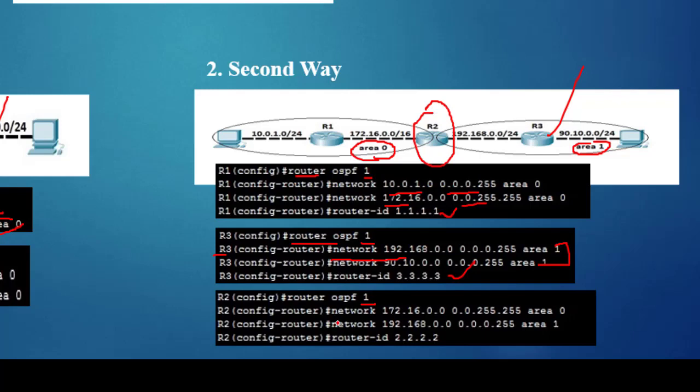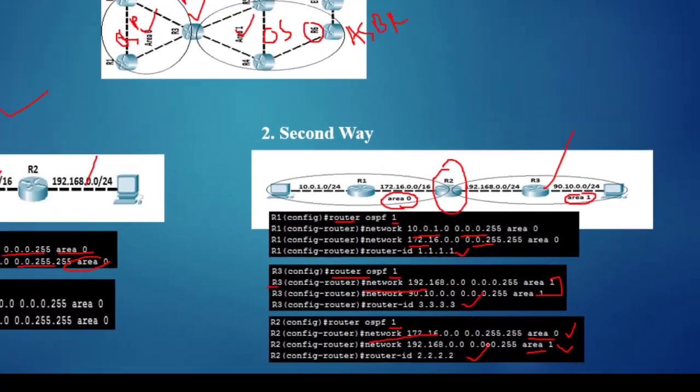It advertises a network in area 0 and another network in area 1. Concept pretty much simple. This network is in area 1, it advertises it. This network is in area 0, it advertises it, and you include the router ID. Pretty much simple. And all this, let's see them in our practical.